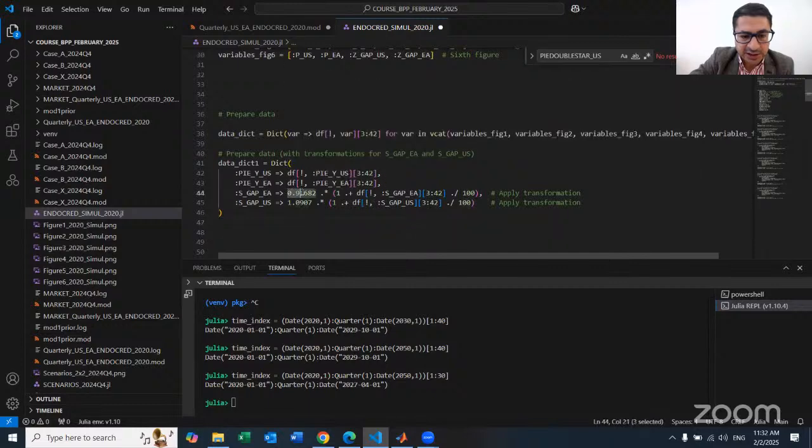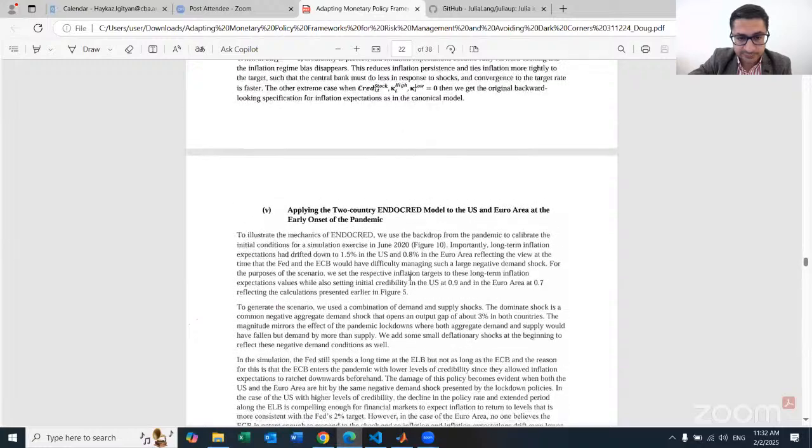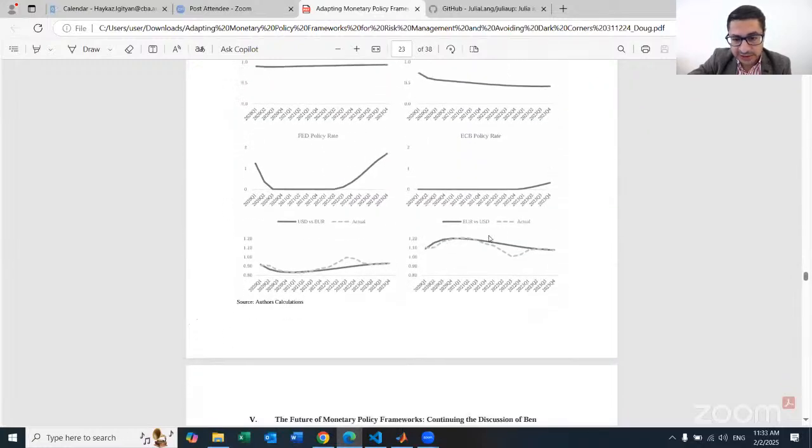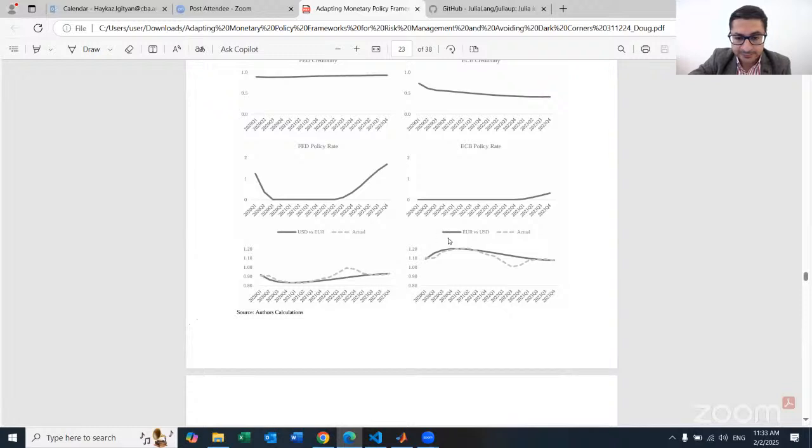And then I'm taking this as an initial condition for the exchange rate and multiplying by the exchange rate gap, which I get from the model, to get this exchange rate dynamics. Okay, for example, this Euro USD.